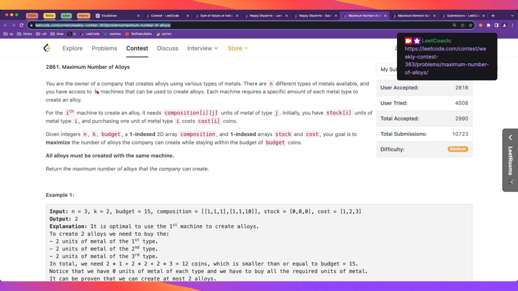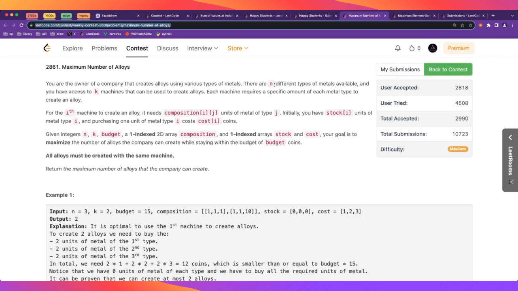Maximum number of alloys. You're the owner of a company that creates alloys using various types of metals. There are n different types of metals available, and you have access to K machines that can be used to create alloys.